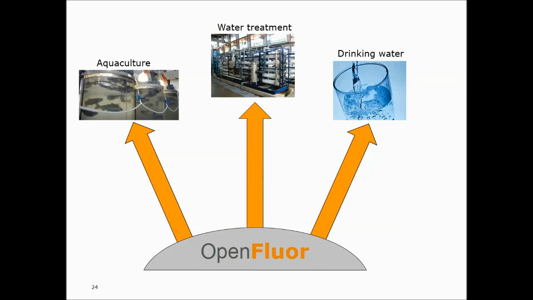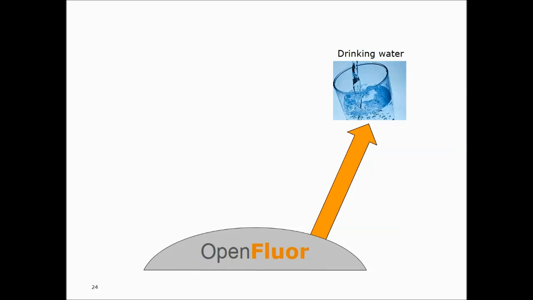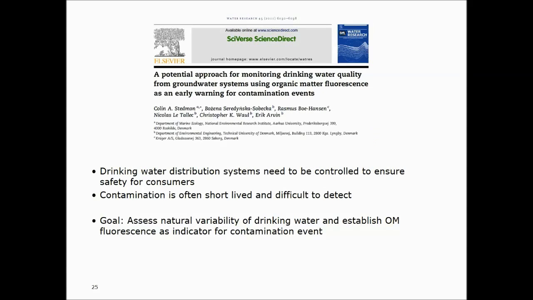On to our last example, which concerns drinking water and the tracing of contamination events. Drinking water distribution systems need to be controlled to ensure consumer safety, of course. And the problem with contamination events is that they're often short-lived and intrinsically difficult to detect because of their short-lived nature.